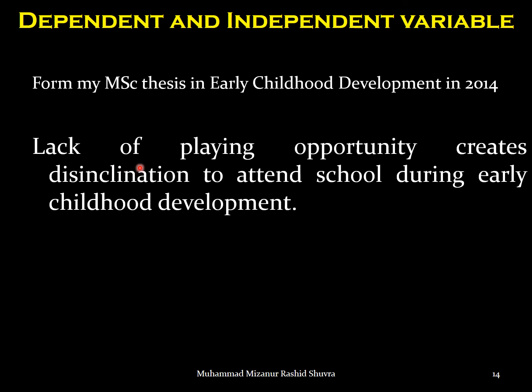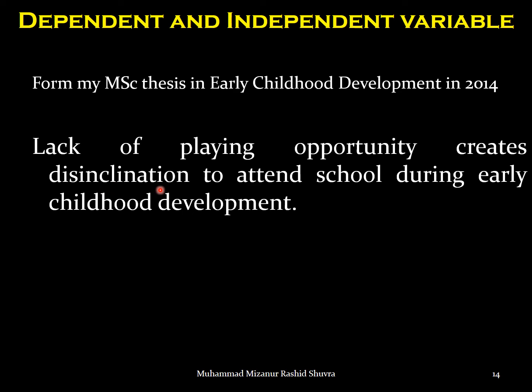So look at it again. Lack of playing opportunity creates, and that's already telling you that this lack of playing opportunity is creating something. So this is going to give that result, and therefore this is not dependent, but it creates the result, disinclination to attend school.